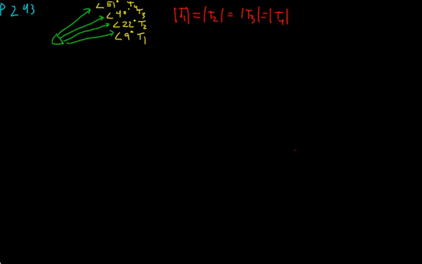Okay, so this is basically what you started out with. Next thing you need to do is recognize that there's got to be reaction forces holding this thing in place. So we're going to have a reaction force in the X and a reaction force in the Y. And in addition to all this, we were also given that the tensions need to exert a total force of 12,500 pounds.